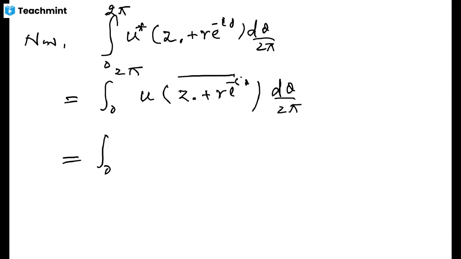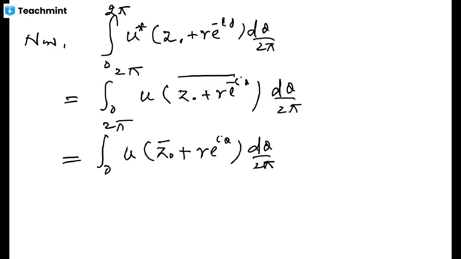This is equal to the integral from 0 to 2π of u of z naught conjugate plus r e^{iθ}. Now the minus will not be there since we are taking the conjugate. It is dθ over 2π, and you see what this is.